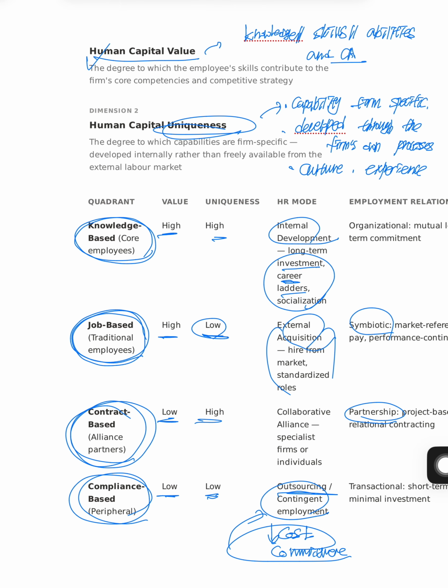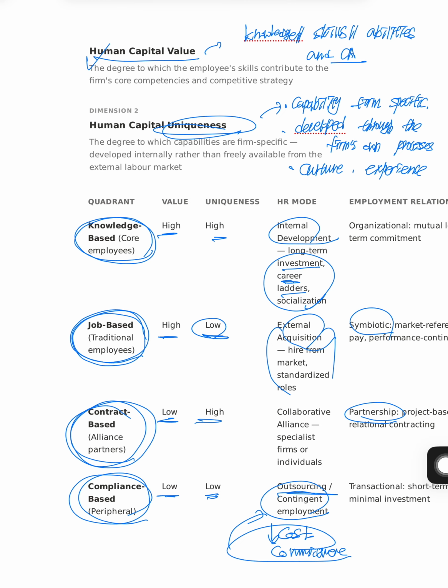The strategic implication of this framework is that the best HR practices are not universal. They are contingent on the type of human capital being managed. Treating compliance-based employees with the same costly internal development model appropriate for core knowledge workers is wasteful.